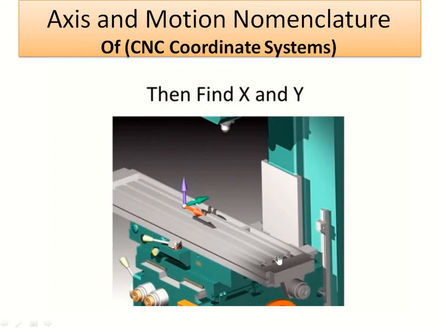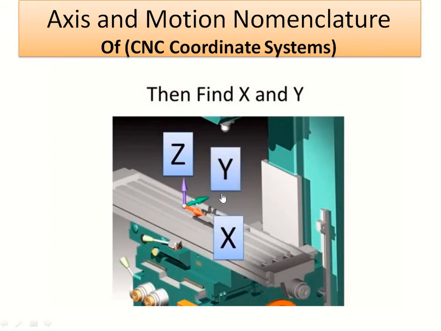The table is perpendicular to z at a 90-degree angle, this is the x-axis, and perpendicular to both, at 90 degrees, the remaining one is the y-axis.